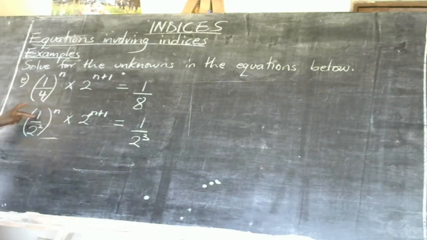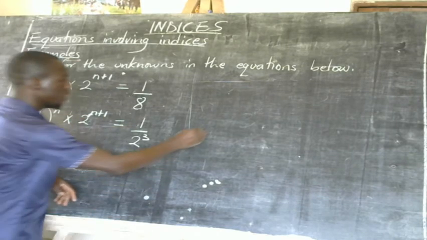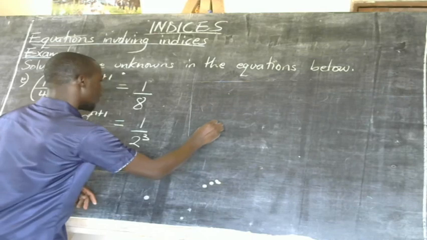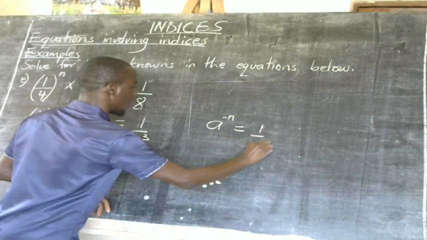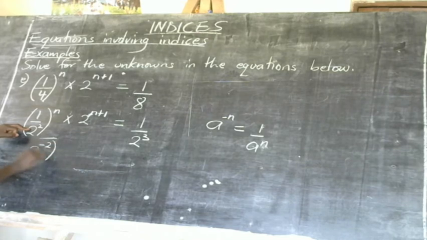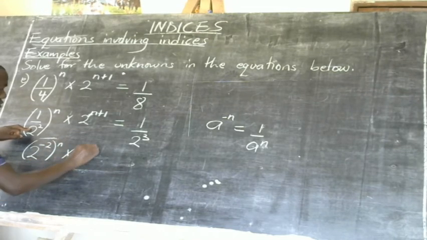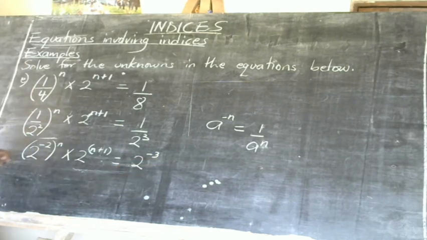Then I'm going to convert this back to the numerator, and even this back to the numerator using a power n is equal to 1 out of a power n. So this one here is going to be 2 power the negative 2, then there is still a power n outside, times 2 power n plus 1, then is equal to 2 power a negative 3.